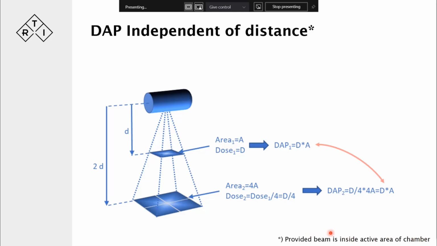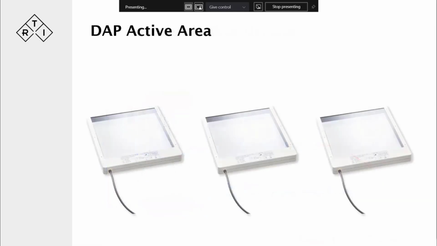If we're using an ion chamber, a DAP chamber, this is what we'll get. It will be independent of the distance. And so by using a DAP chamber, which is a smart thing to do, we don't need to worry about measuring the sides, etc.